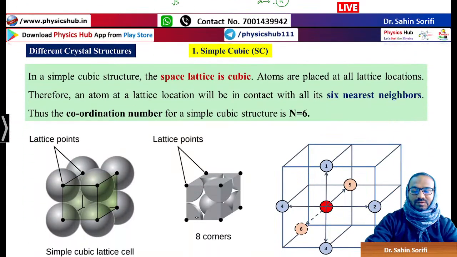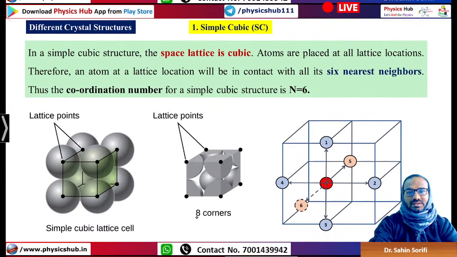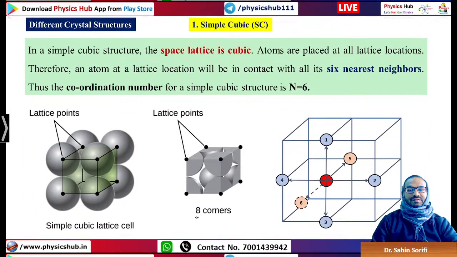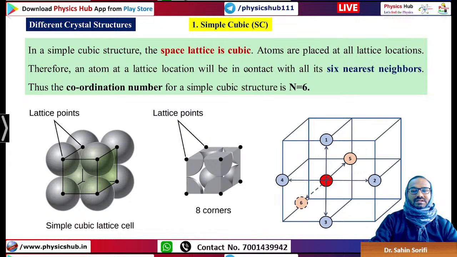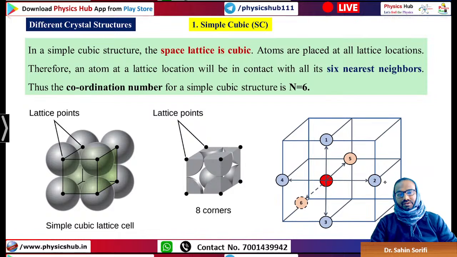Now let us talk about some of the very standard crystal structures. The first one being simple cubic. From all the standard crystal structures, you need to know a few things. I will share the PDF, don't worry. In a simple cubic structure, the space lattice is cubic.